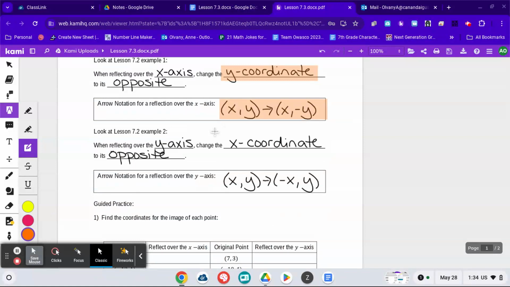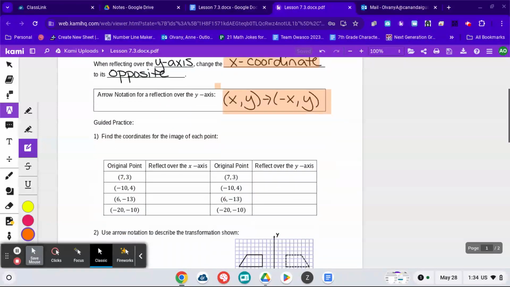If you're flipping over the y, the x changes. I like to remember what stays the same. So if you're reflecting over the y-axis, the y stays the same. Flip over the x, x stays the same. Flip over the y, y stays the same.